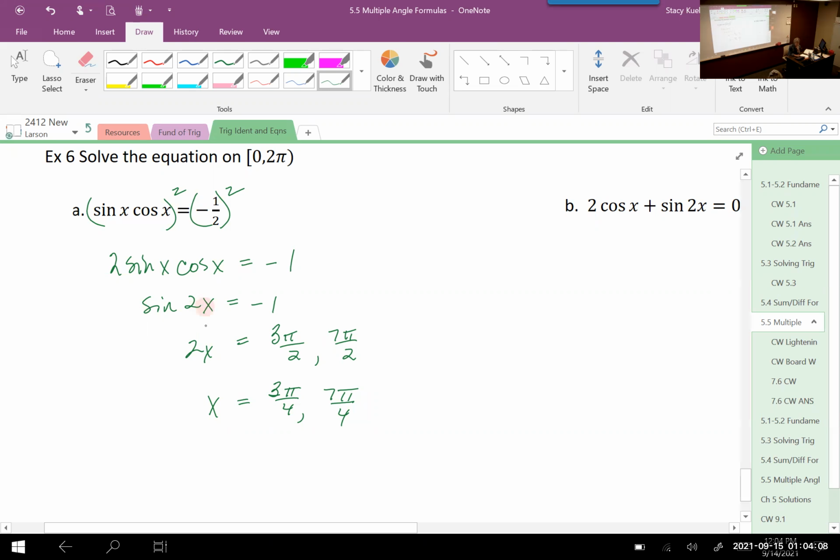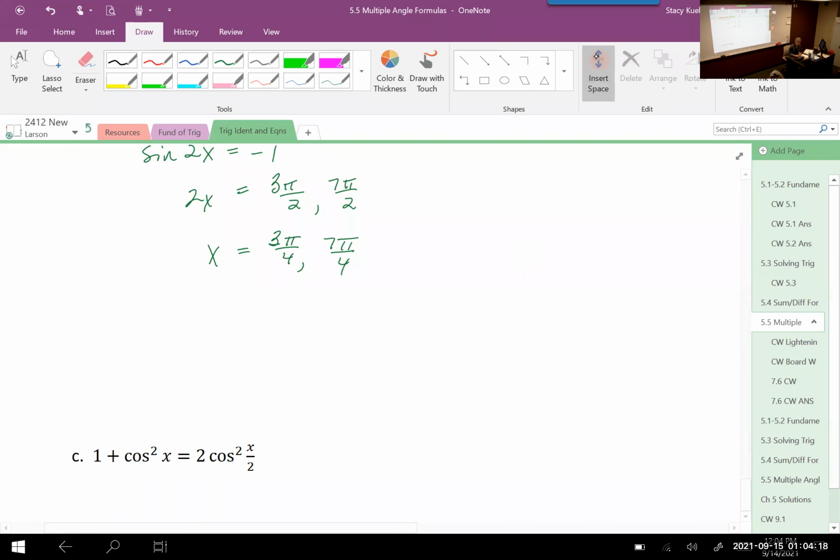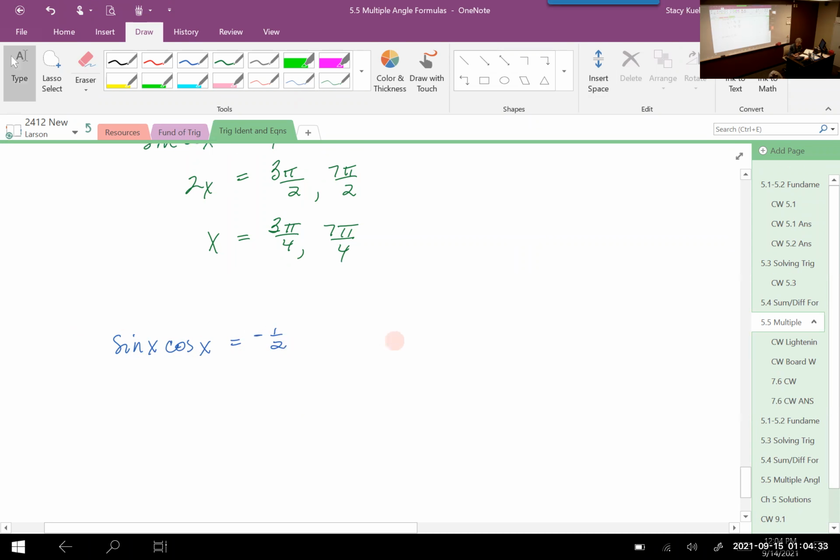Okay. Then we went on and we solved our double angle identity like we did before. So let me rewrite this. We have sine x cosine x is equal to -1/2.